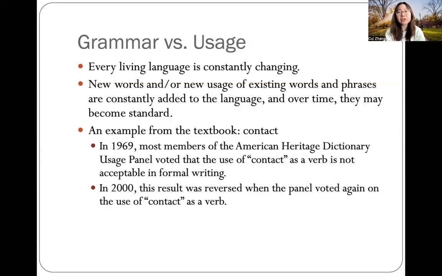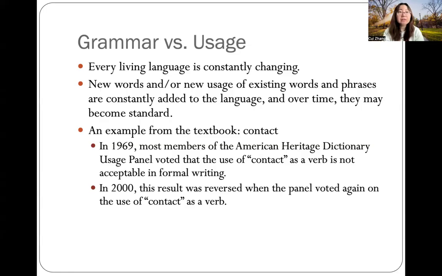Because of the constant use of contact as a verb and it gradually being accepted by more people and becoming standard usage as a verb, the panel voted to say yes, it can be used as a verb in formal writing.